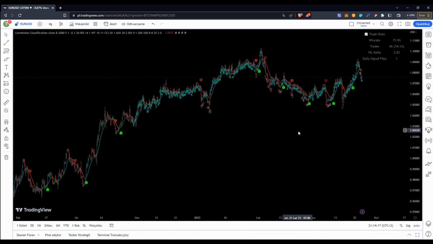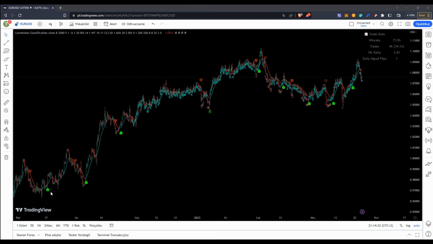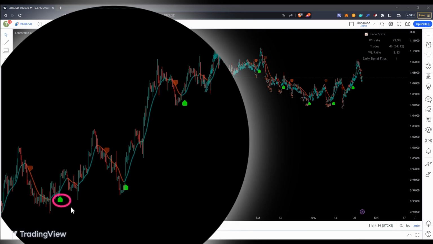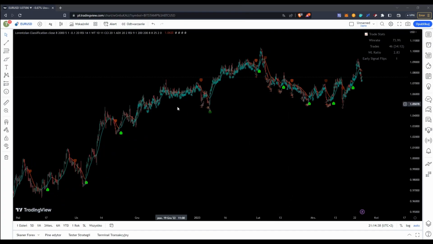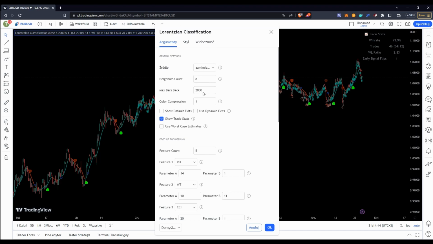Now, as you can see, based on this indicator, we are going to get the green arrows as well as the red arrows showing us the signals, right? Based on the AI setup, of course, you may try to go deeper and you may want to see the settings.